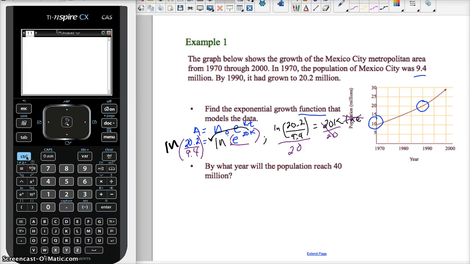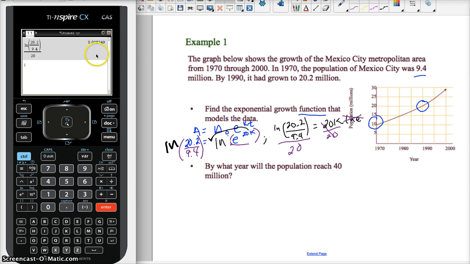So we're finding the natural log of 20.2 divided by 9.4. And we're dividing that value by 20.